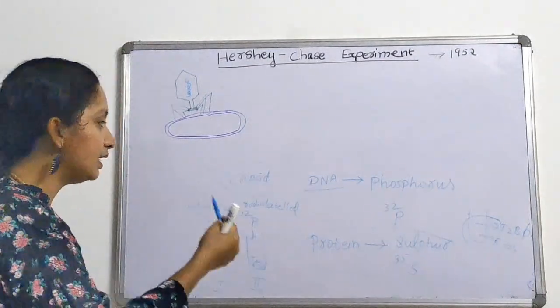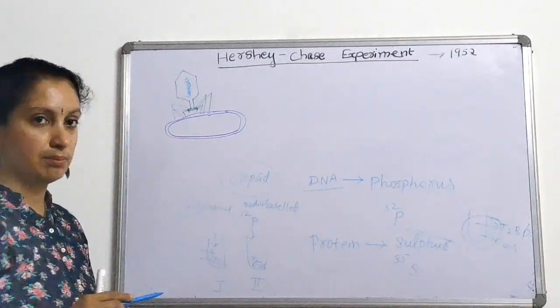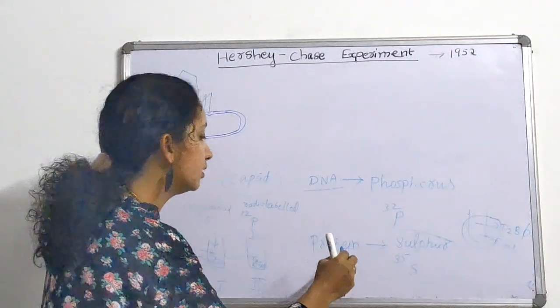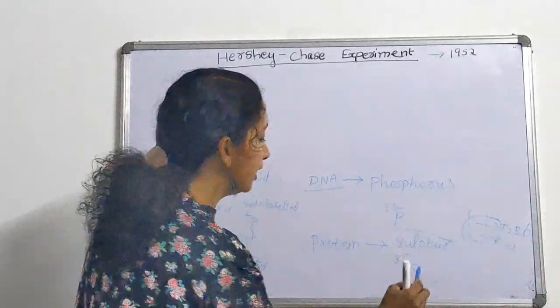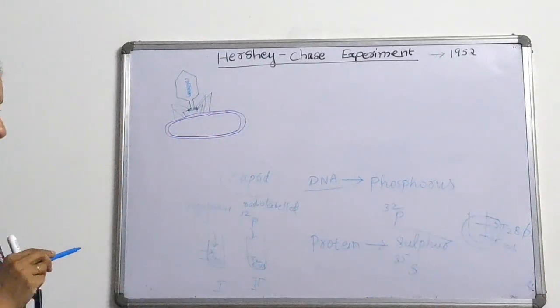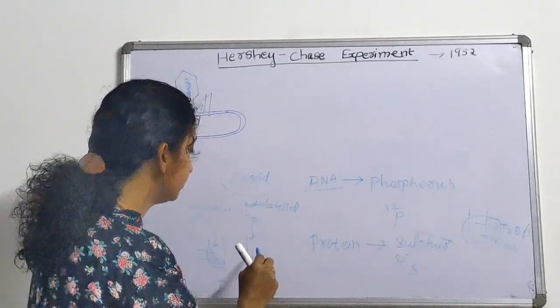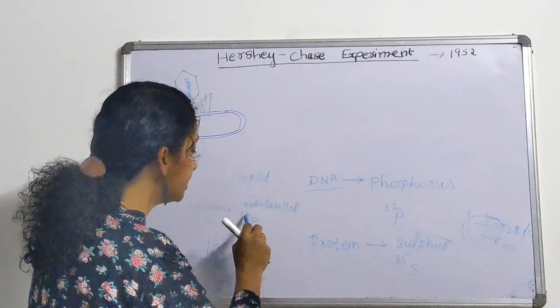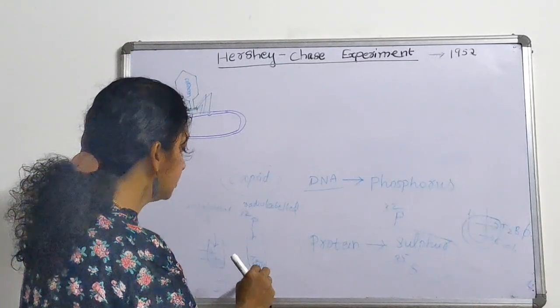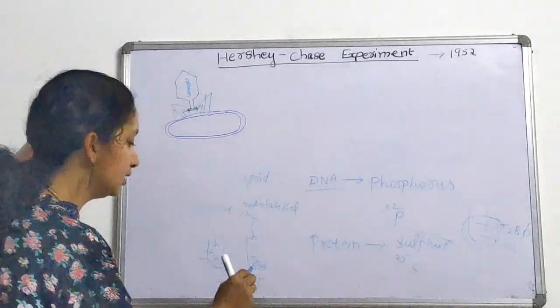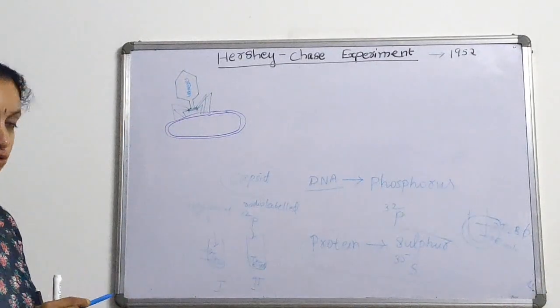So to make the capsid of this bacteriophage, sulfur 35 was used by T2, and to make the DNA, phosphorus 32 was used in the second test tube.